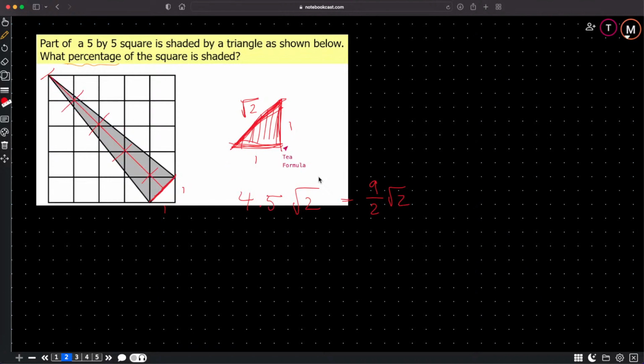And that would be the height of my triangle. So half AB would be the formula for the area of a triangle. So I've got half multiplied by 9/2 root 2 multiplied by, what did we say it was? Root 2. Oh, that's kind of nice.